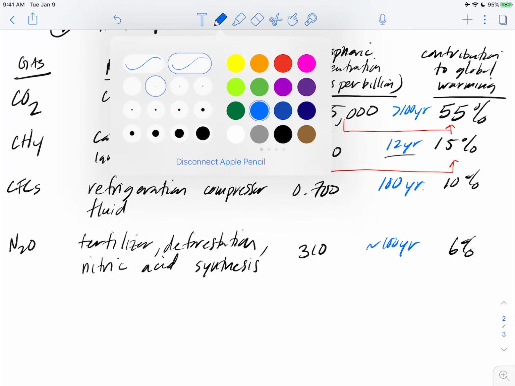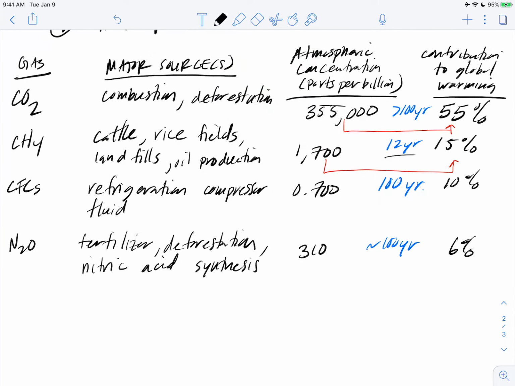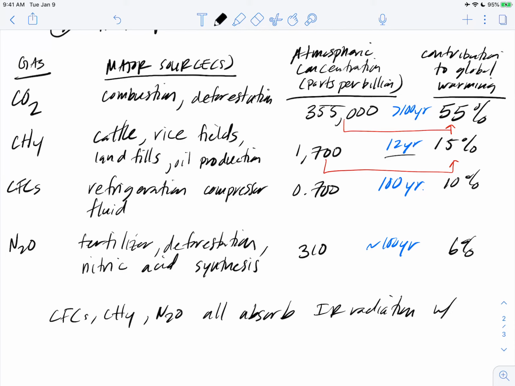To summarize what we talked about here, these molecules, CFCs, CH4 methane, and N2O, all absorb IR radiation with greater efficiency than CO2.